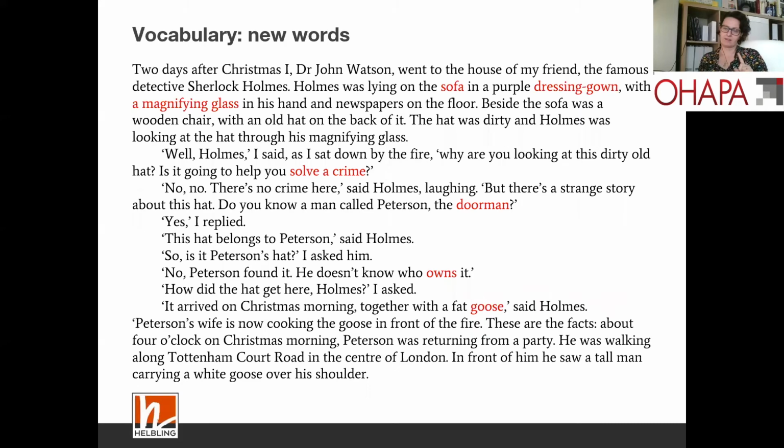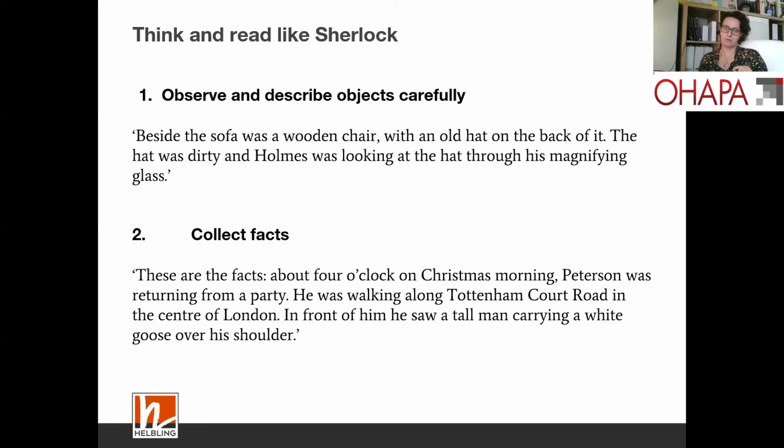And then, as I had said before, such kind of close reading really models how the very popular Sherlock Holmes style of deductive analytical thinking works, because there is no big secret to it, really. What Sherlock Holmes does is observation and description and the collection of facts. And these are actually very important language skills from A1 to C1 level.